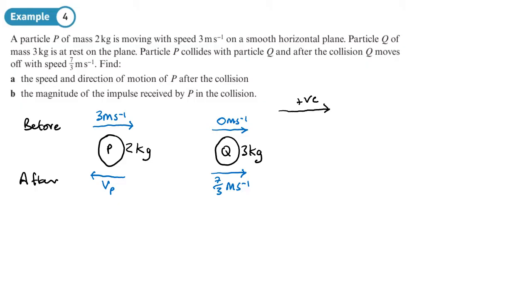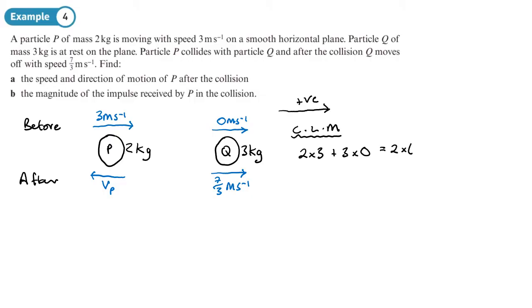So by the conservation of linear momentum, we know that the total momentum before is equal to the total momentum afterwards. So the momentum before is the mass times the velocity of P before the collision, and the mass times the velocity of Q before the collision, equals the mass times the velocity of P after the collision.